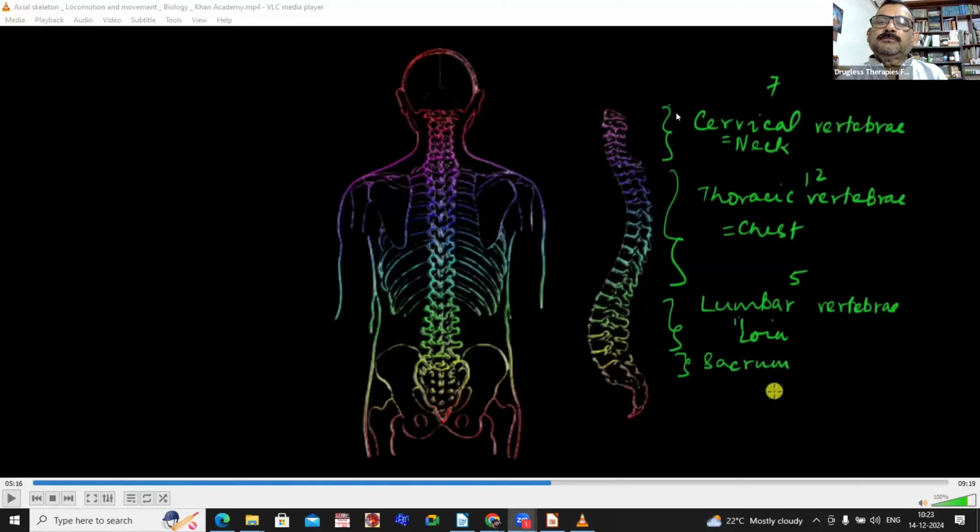What are the problems of this cervical vertebrae? Cervical spondylitis, and even, when we study the nervous system, the nerves passing through the cervical region also get affected. So for all this, what remedy do we use? That is OM4.